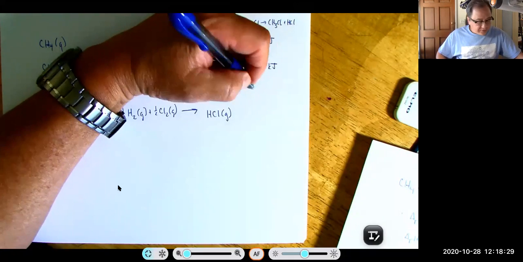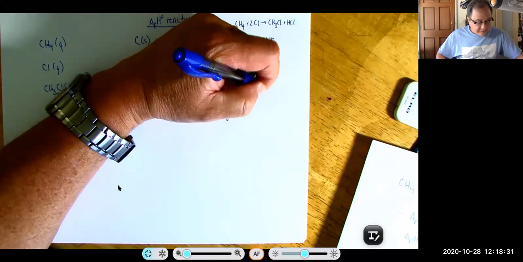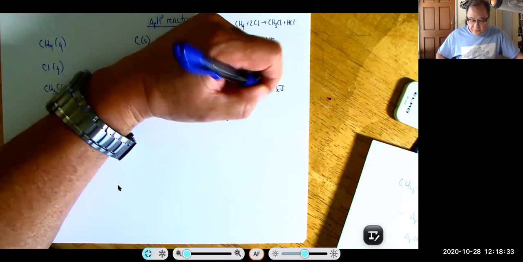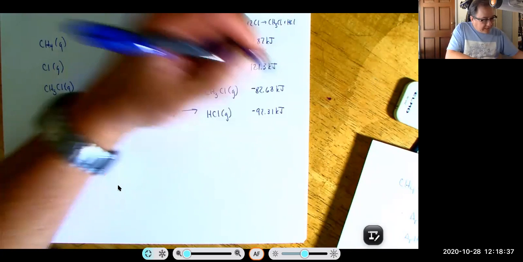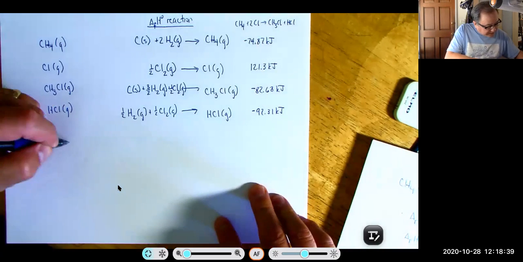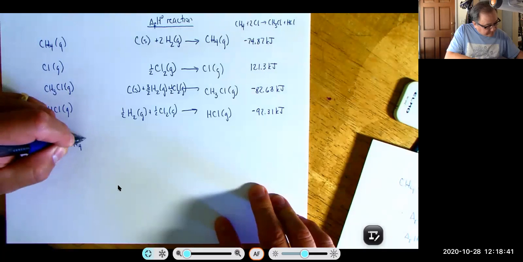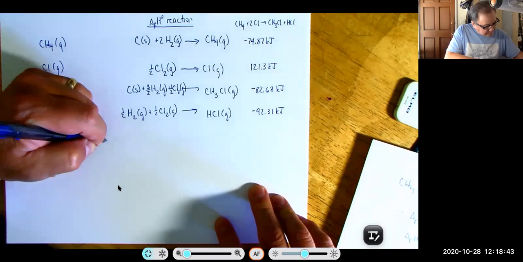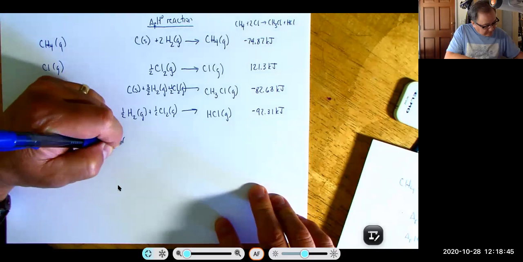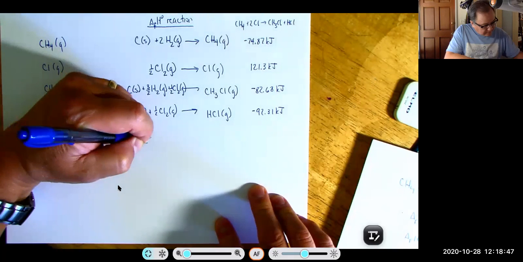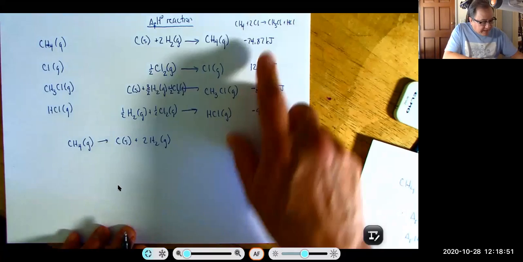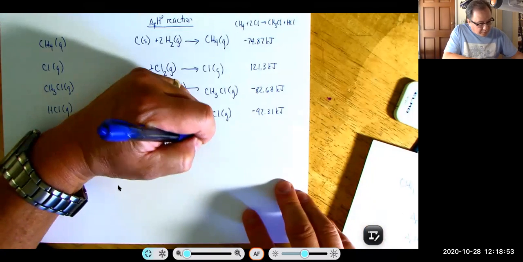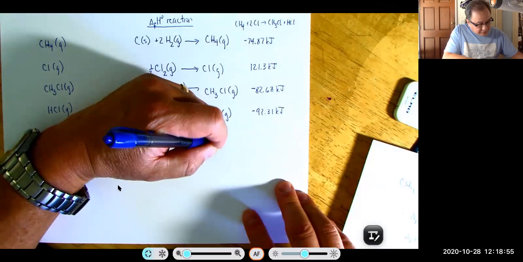The value for this one is minus 82.68 kilojoules. And the value for this one is minus 92.31 kilojoules. So I'm going to take this first reaction and reverse it, and I have to reverse that value, positive 74.87 kilojoules.